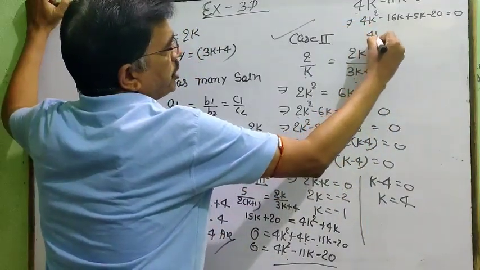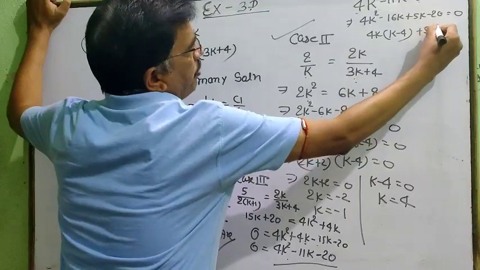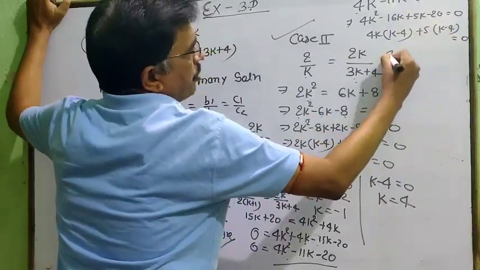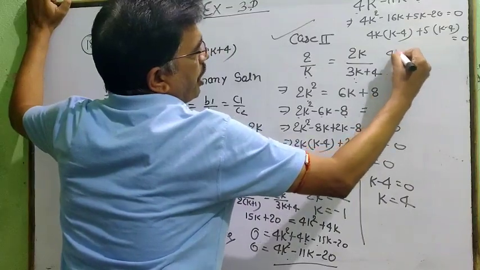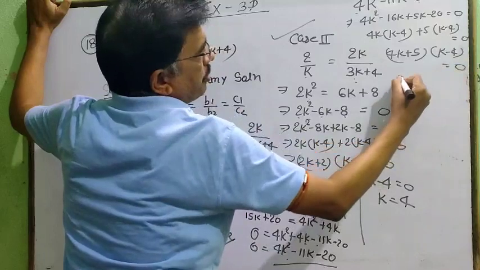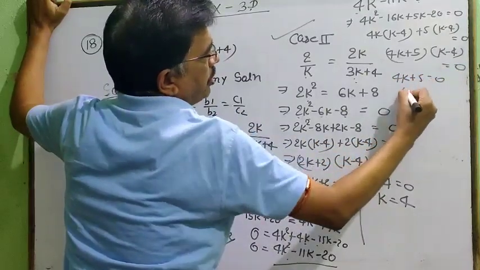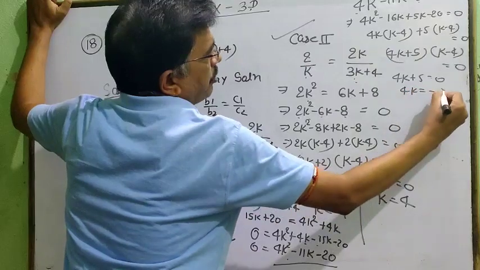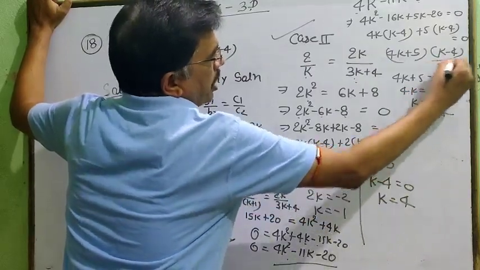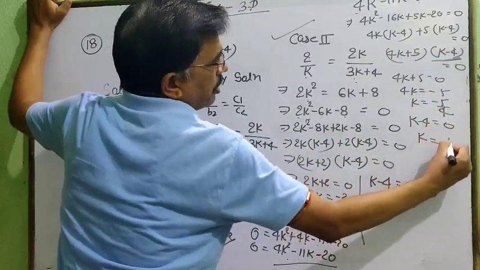Hence 4k is common, then it is k minus 4, and here 5 is common, then it is k minus 4 is equal to 0. So here (4k plus 5)(k minus 4) is equal to 0. Then 4k plus 5 is equal to 0, then 4k is equal to minus 5 and k is equal to minus 5 by 4. And the second step is k minus 4 is equal to 0, then k is equal to 4.